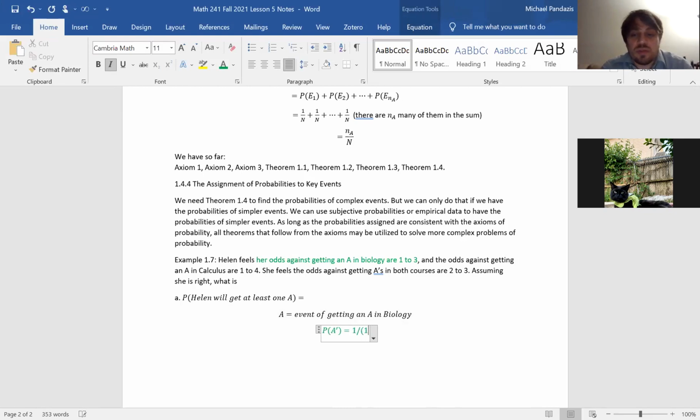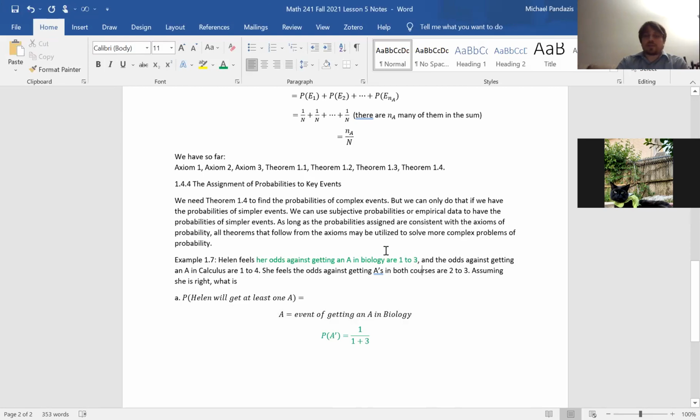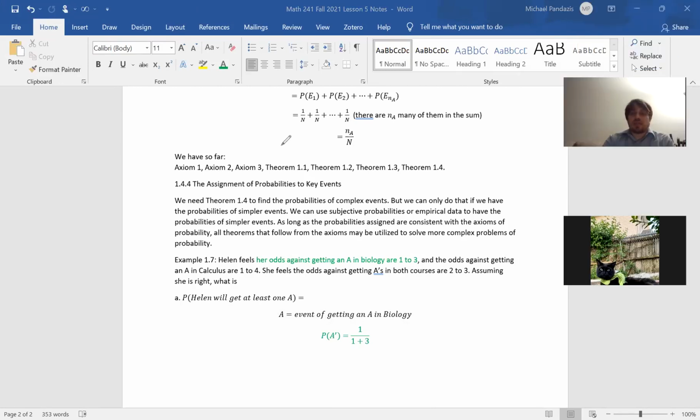Because it's 1 over 1 plus 3. That's how odds work. If the odds of something are 1 to 3, then it's 1 over 1 plus 3. I'm going to go to the whiteboard to explain this. If the odds of some event are 1 to 3, I'm doing this in steps.